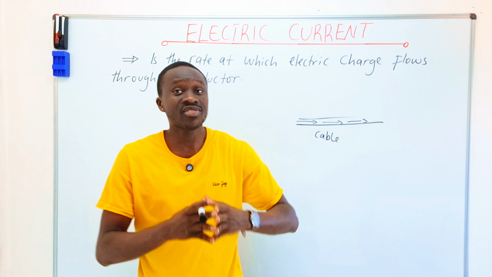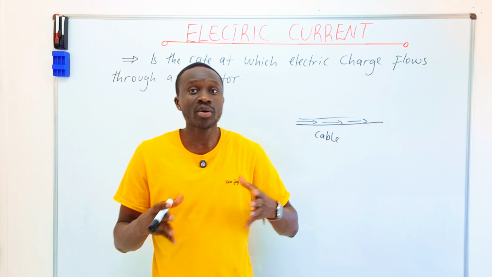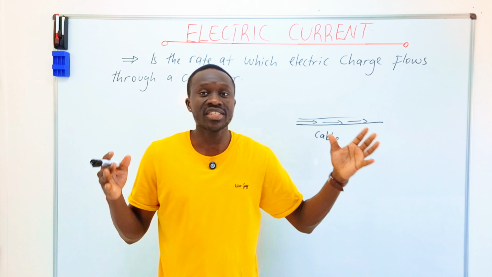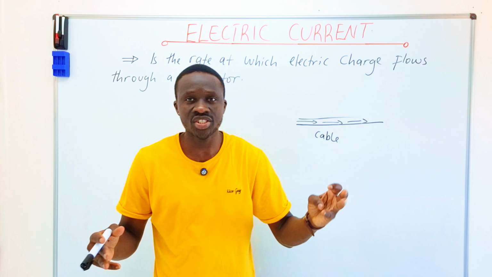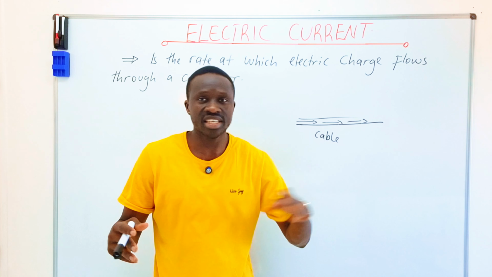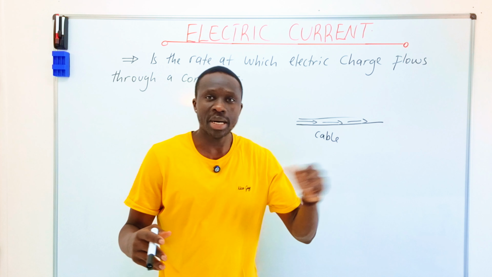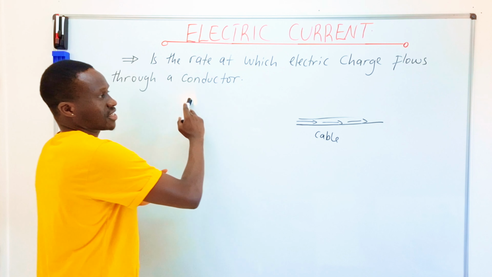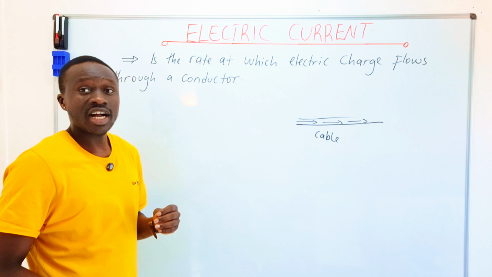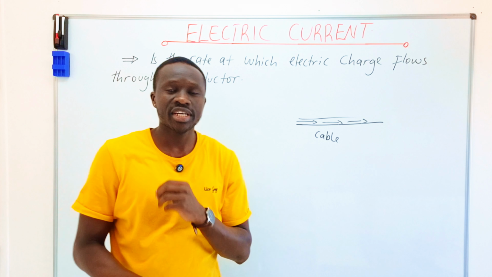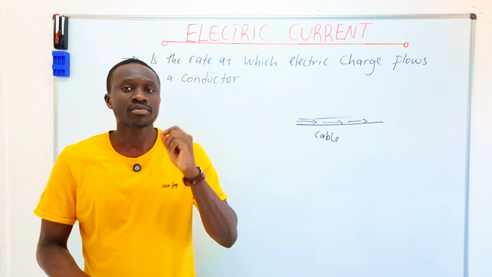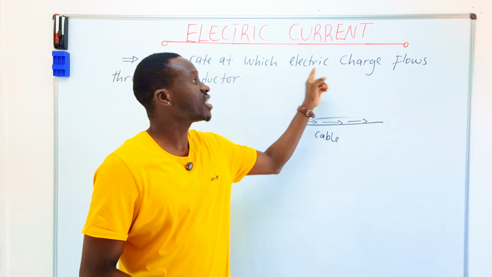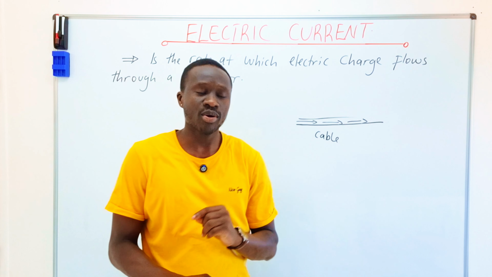Before we start the generation of electricity, you need to have these terms with you: electric charge, electric current, resistance, capacitance, power. This is how we have come up with the definition of electric current, which says that it is the rate at which electric charge flows through a conductor.